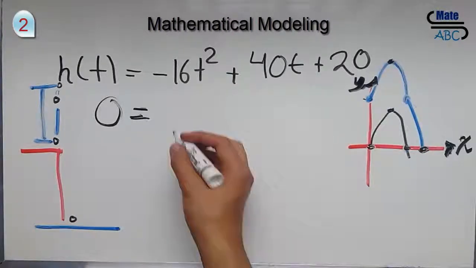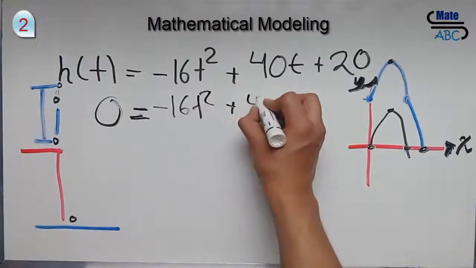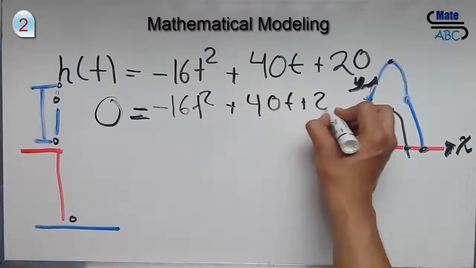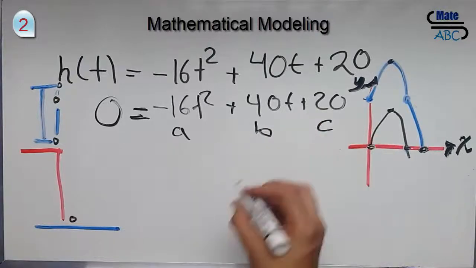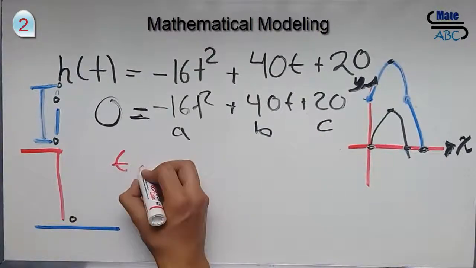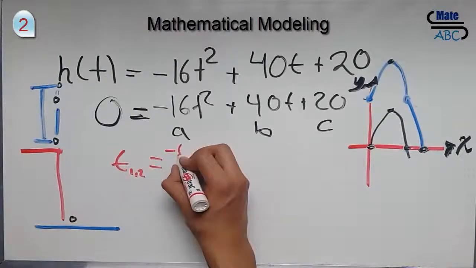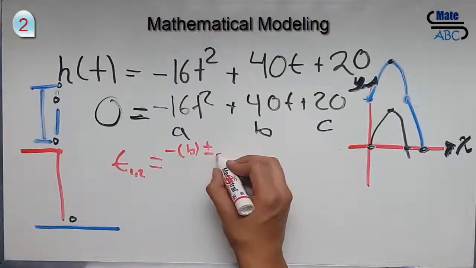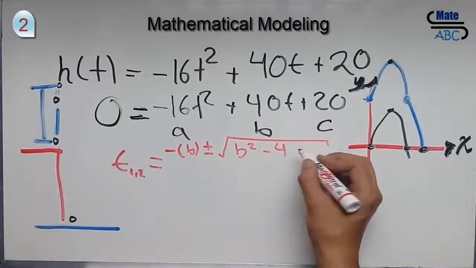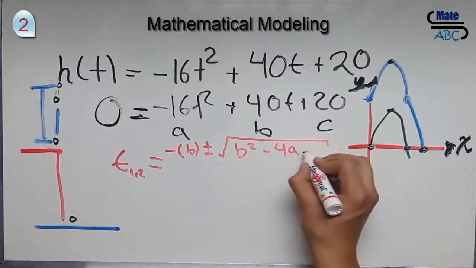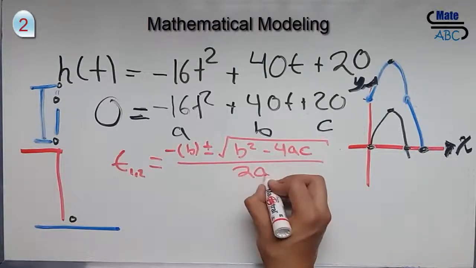So you will have that by the formula, as you know, this is A, this is B, and this is C. T1 and T2 equals minus B plus or minus the square root of B squared minus 4 times A times C, divided by 2A.